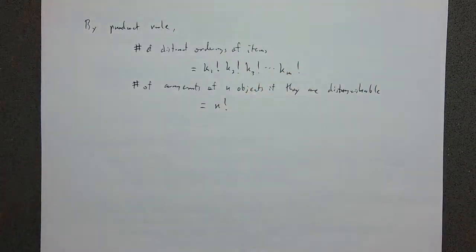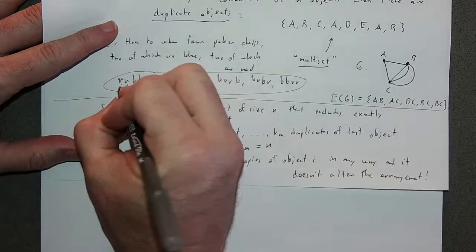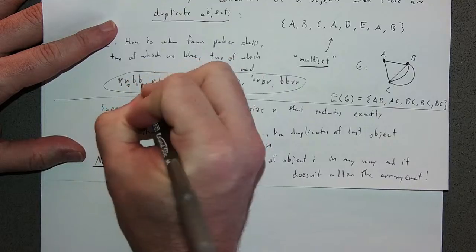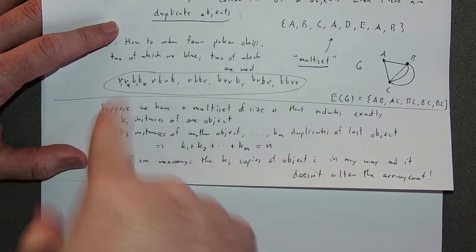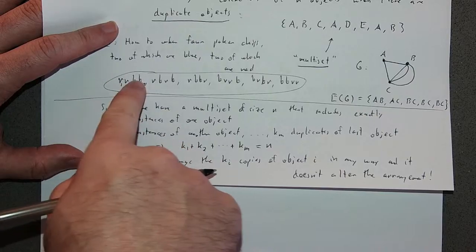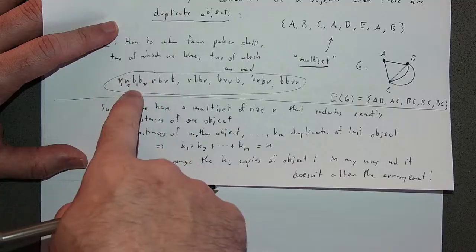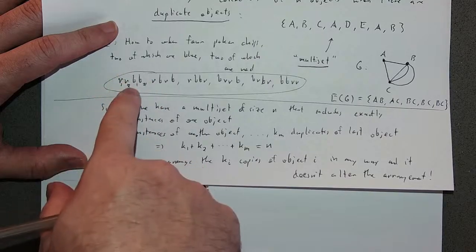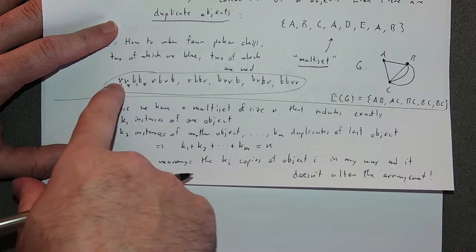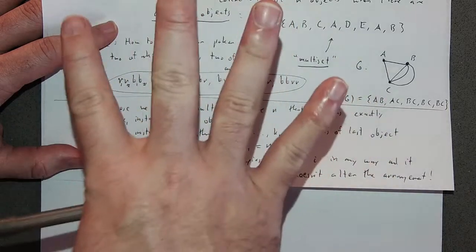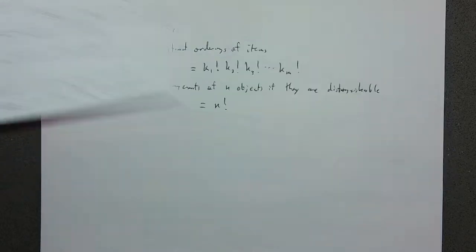So if we go back here and we actually label, this is the first red, this is the second red, this is the first blue, this is the second blue. And now I ask the question, overall, how many arrangements of these are there? The answer is 24, because there are 4 objects here that I'm tracking, R sub 1, R sub 2, B sub 1, and B sub 2. So now I'm distinguishing between each of the reds and each of the blues. So these are 4 distinct objects. So n factorial, 4 factorial, which is 24 in this case.